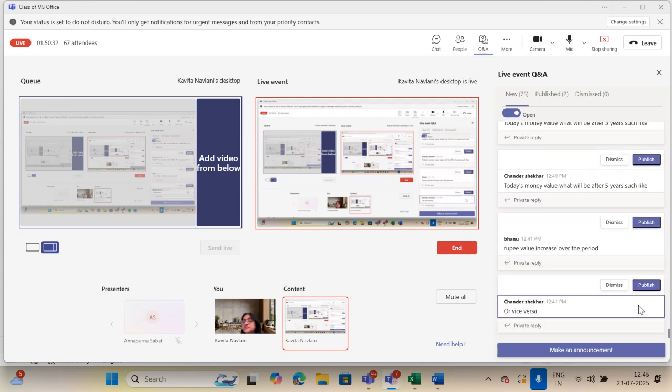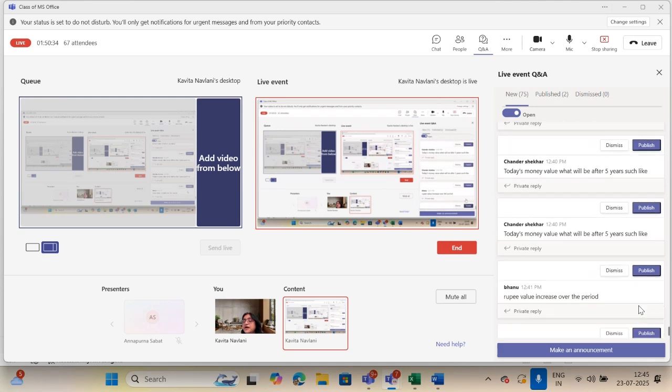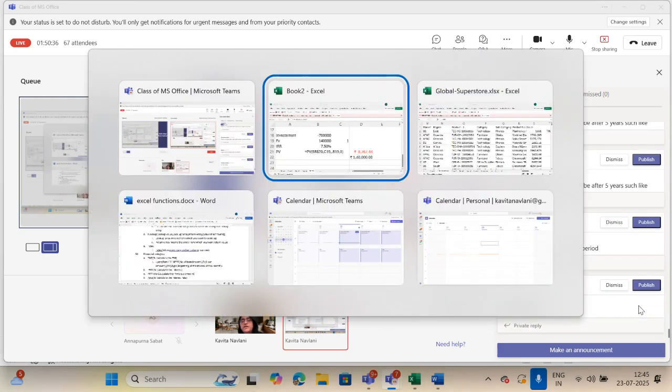Chandrasekhar, is it clear? Dipankar, just do it, please.